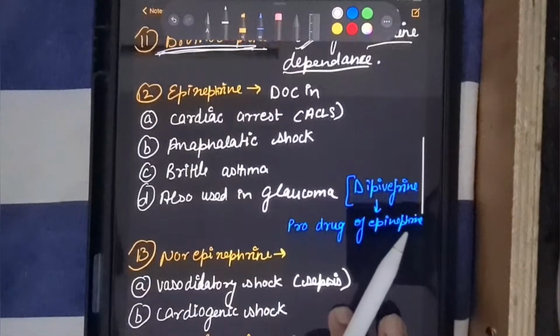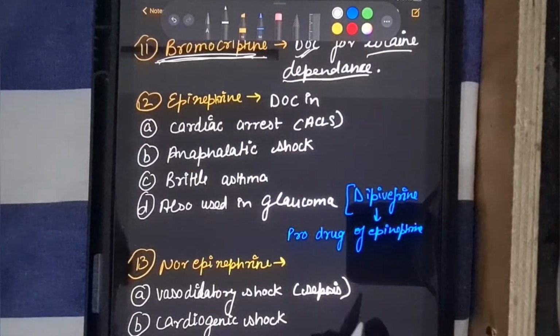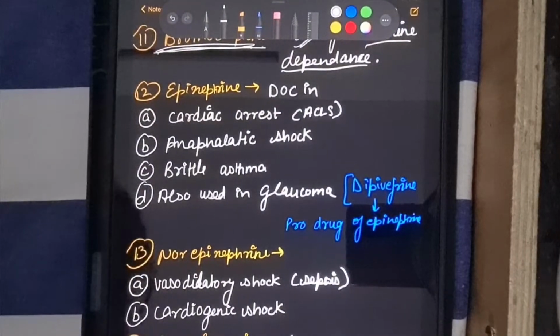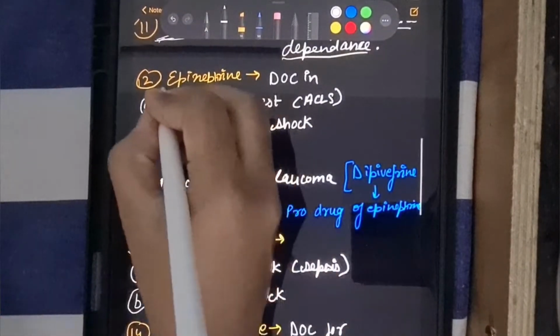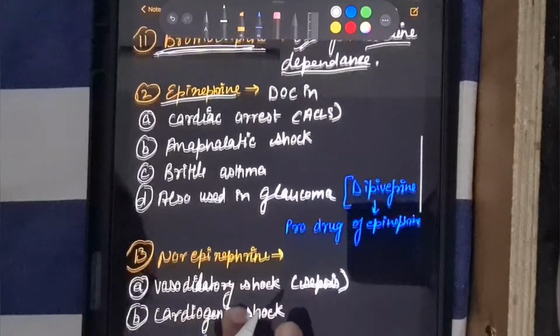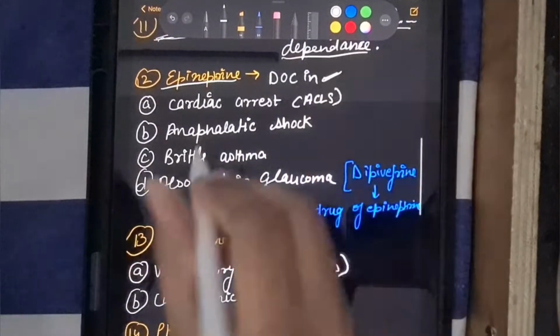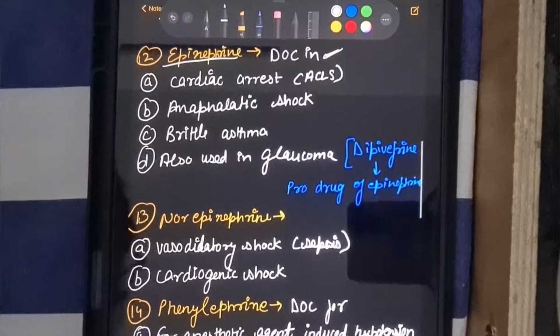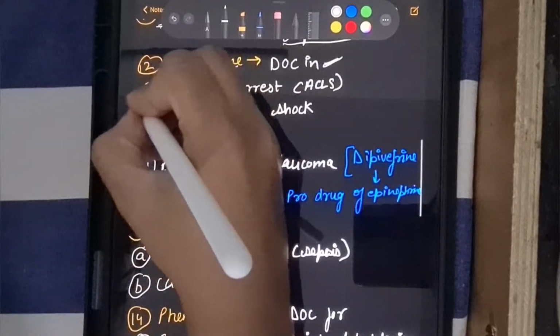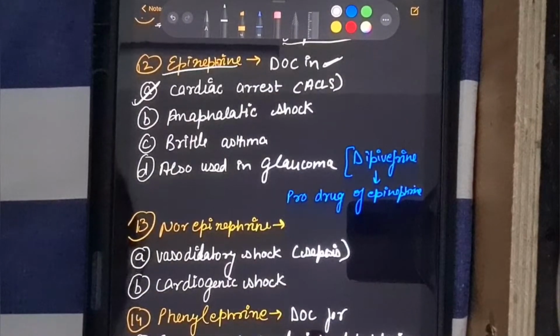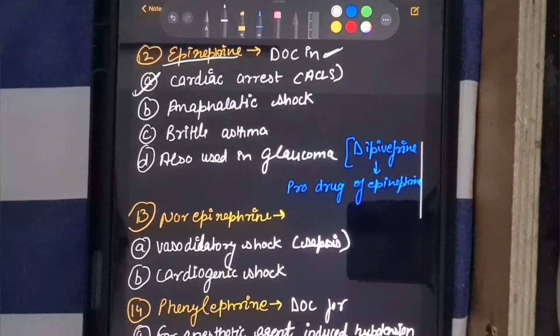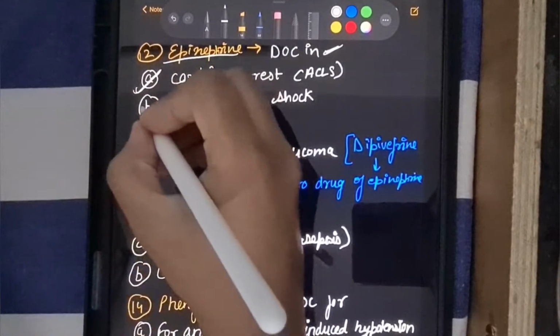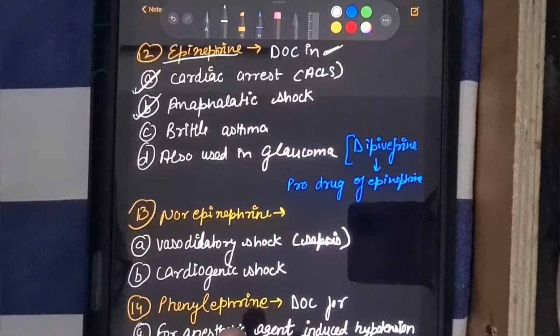Now let's talk about the next drug, which is a commonly known drug: epinephrine. Epinephrine is a drug of choice in various things. The first is cardiac arrest, ACLS, the cardiac arrest. The second, epinephrine is a drug of choice in anaphylactic shock.